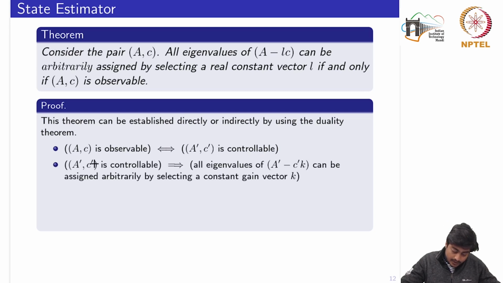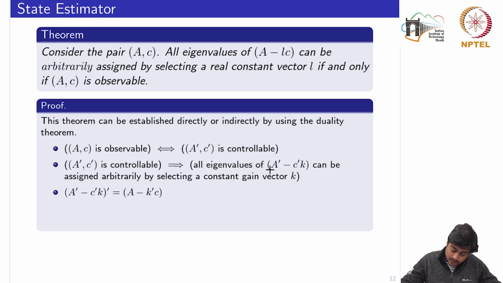Now the controllability of the pair A transpose, C transpose implies that all eigenvalues of A transpose minus C transpose K can be assigned arbitrarily by selecting a constant gain vector K, and this is nothing but a state feedback controller design. This result is taken from that week.